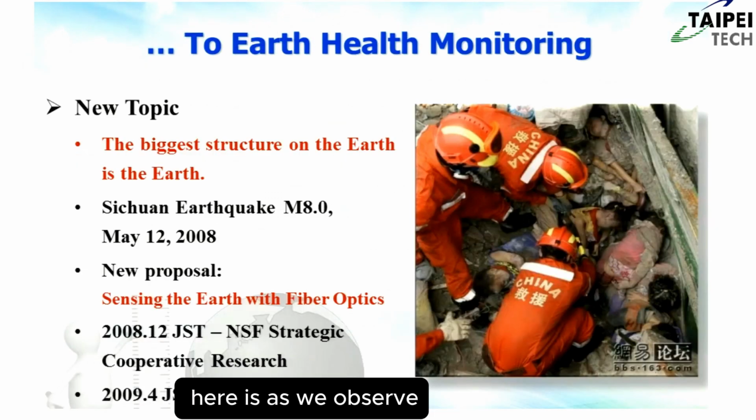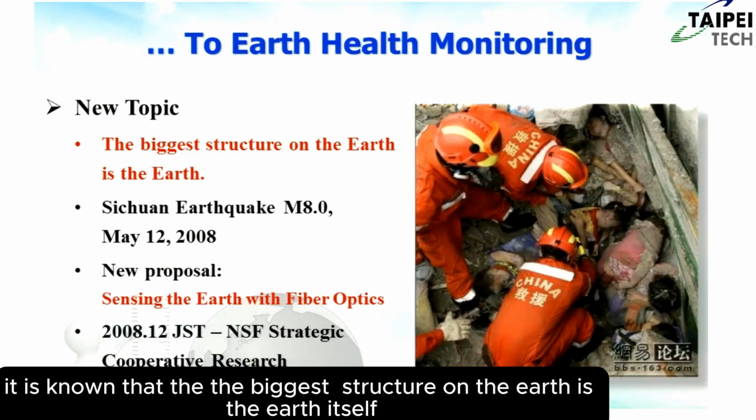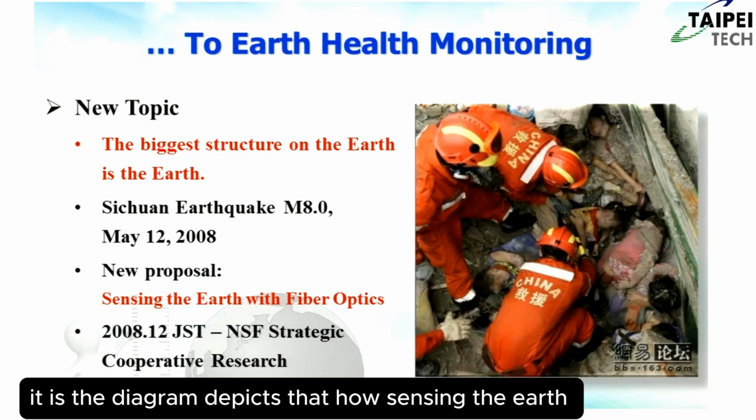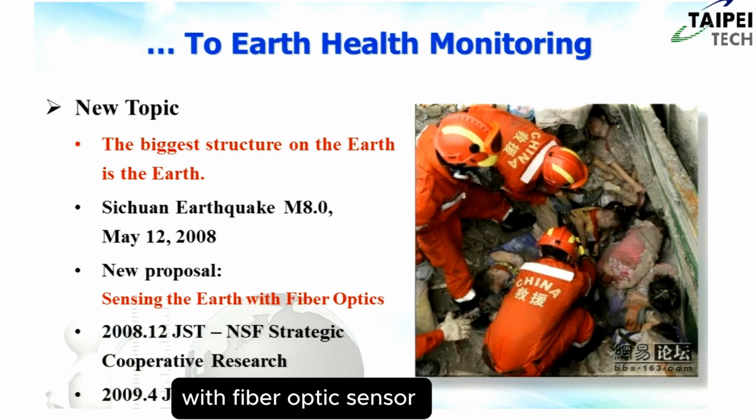It is known that the biggest structure on Earth is the Earth itself. Therefore, this diagram depicts what sensing the Earth with fiber optics looks like.